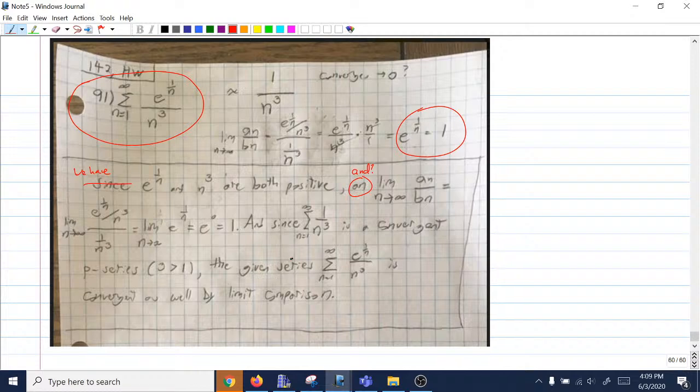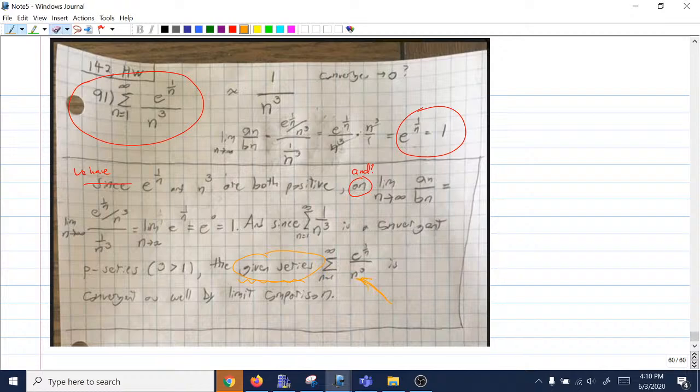And since this sum is a convergent p-series, 3 is greater than 1, the given series is convergent as well by limit comparison. Cool, this is all great. One point, you're using the phrase the given series, and then also saying what the series is, which there's nothing wrong with. For me, I'm using the phrase given series to avoid having to write this out.